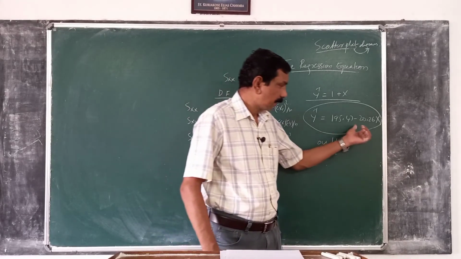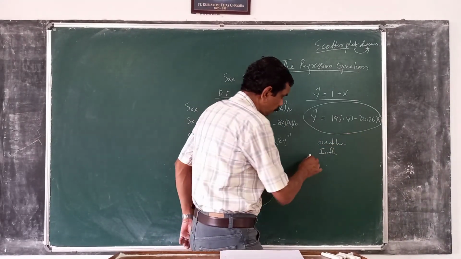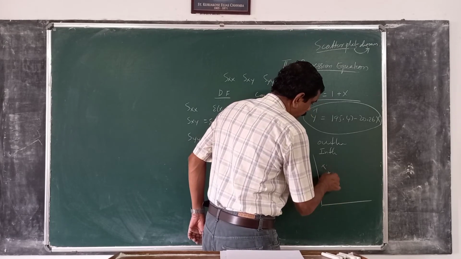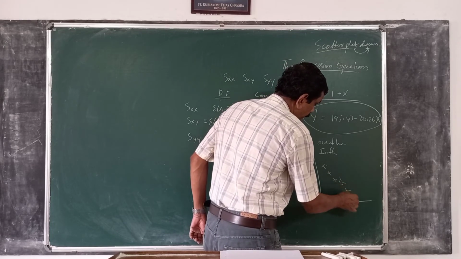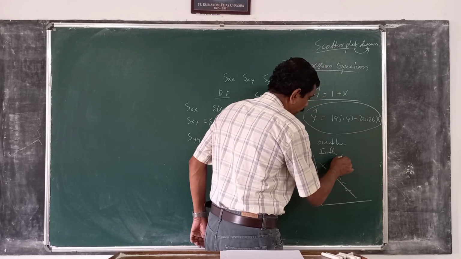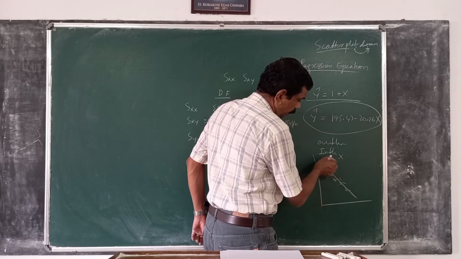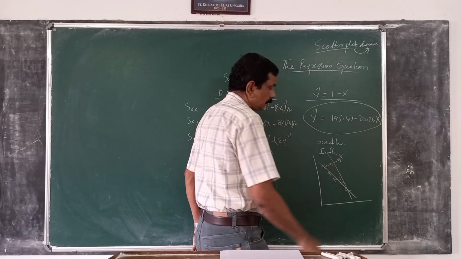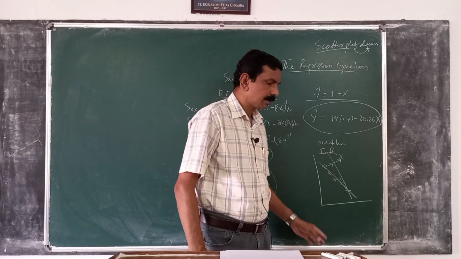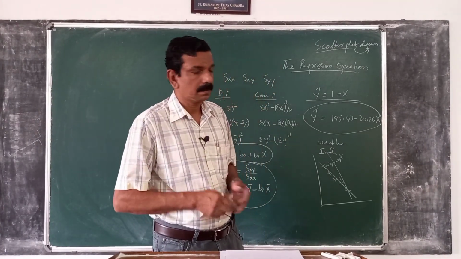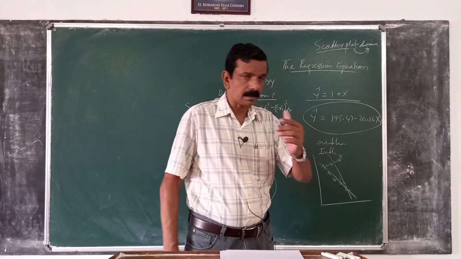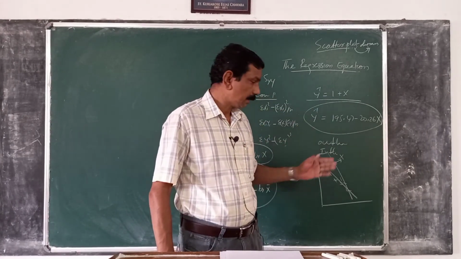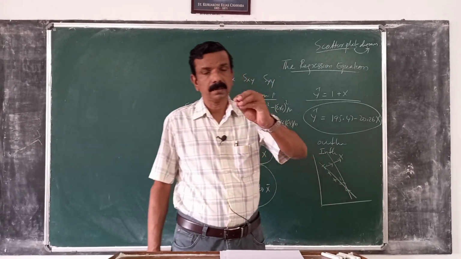Also, if there is an influential observation, it is possible that this influential observation will drag the regression line towards it. Suppose that the data points are like this. This is the regression line. If there is an observation here, it will drag the regression line towards it because it is an influential point. So one must take care about whether it really belongs to the data or not, whether it is due to some reporting or typing error, or whether it actually exists.